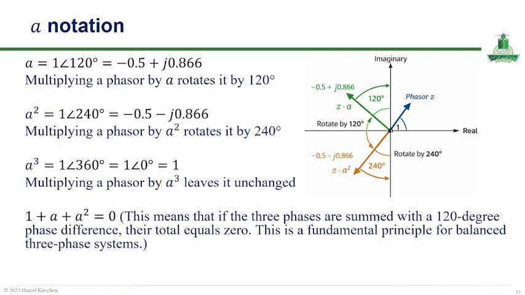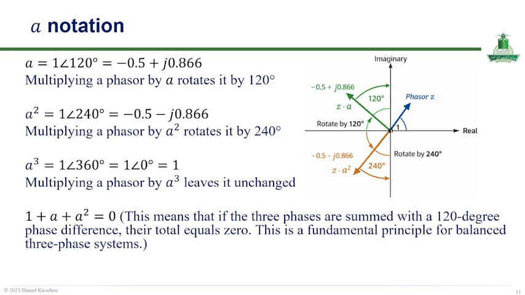Multiplying by a cubed brings the phasor back to its original position, since a full 360-degree rotation results in no change.